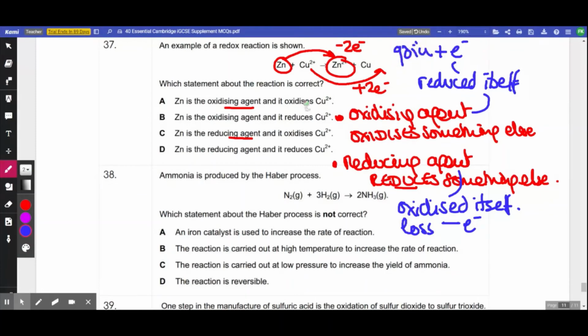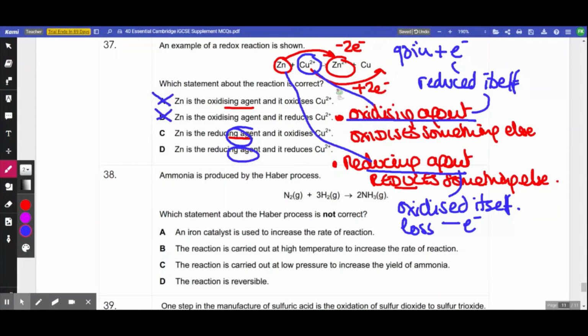And now we can connect it. The copper gains electrons, so it is the oxidizing agent. The zinc loses electrons, so it is the reducing agent. So the reducing agent there excludes B and A as an answer.